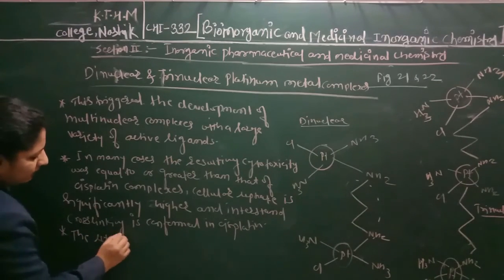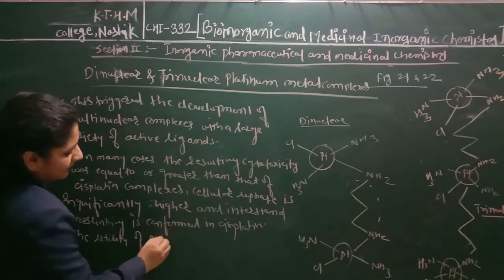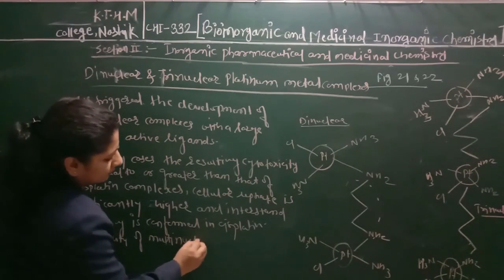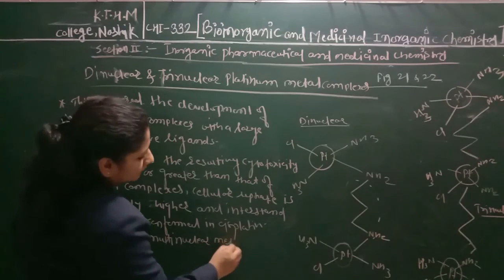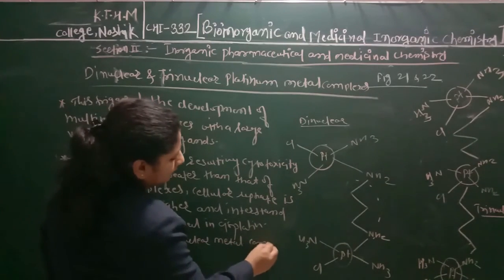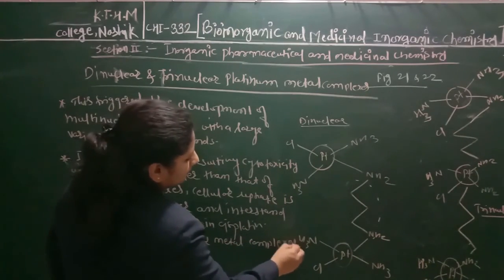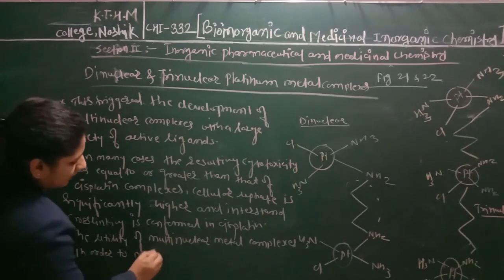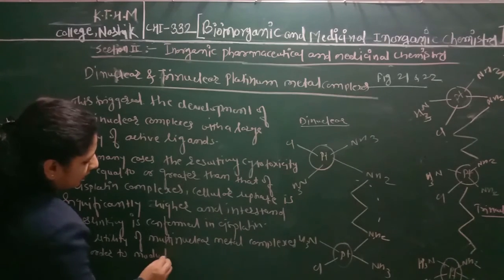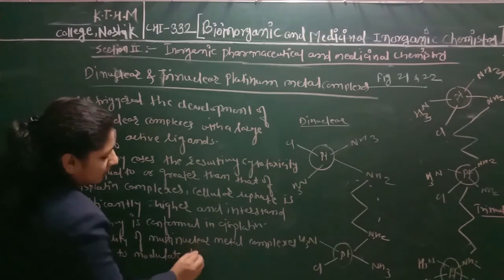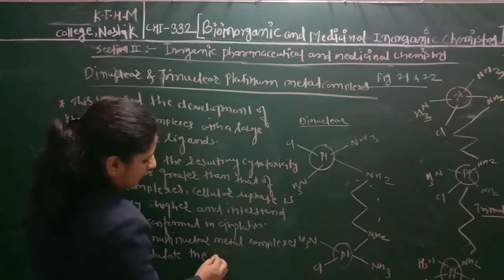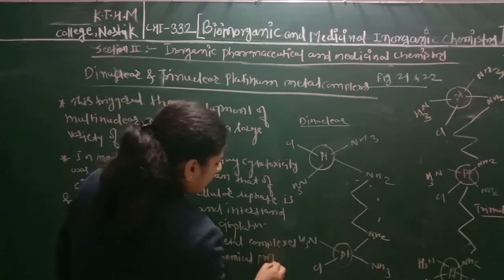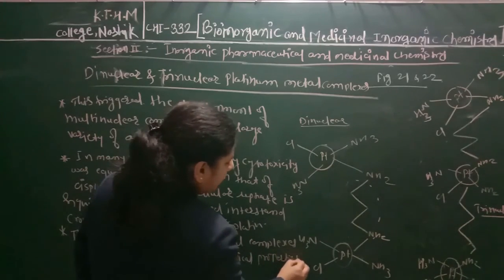The utility of multinuclear metal complexes is to modulate the chemical properties of the complex.